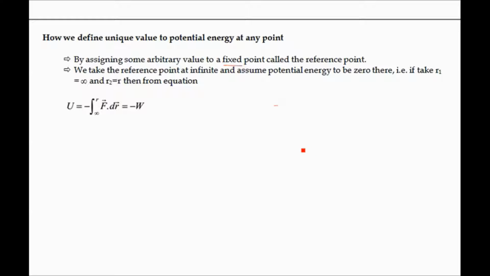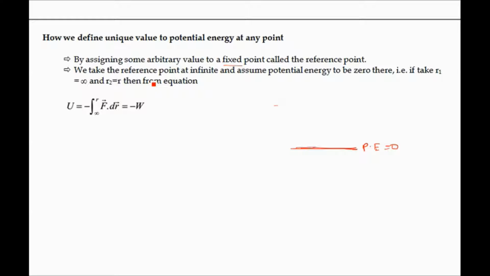Like in the case of gravitational potential energy, we consider the potential energy at the ground to be equal to 0. Although it is not actually zero, we consider it to be zero at the ground, and it serves as a reference point. Similarly, for any conservative force, we take the reference point at infinity, and the potential energy to be zero there.